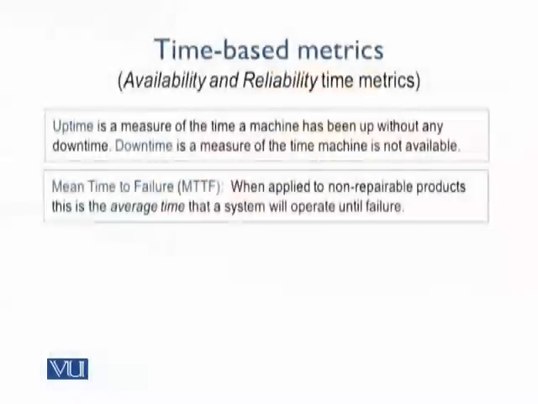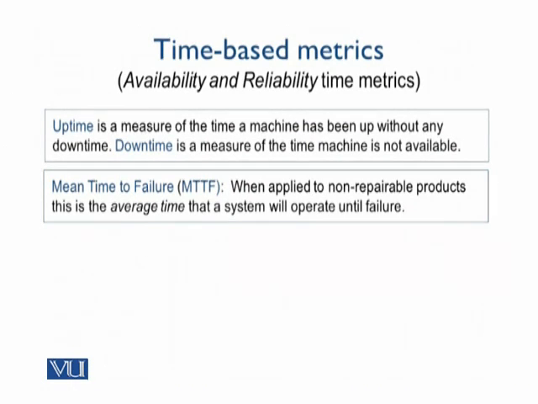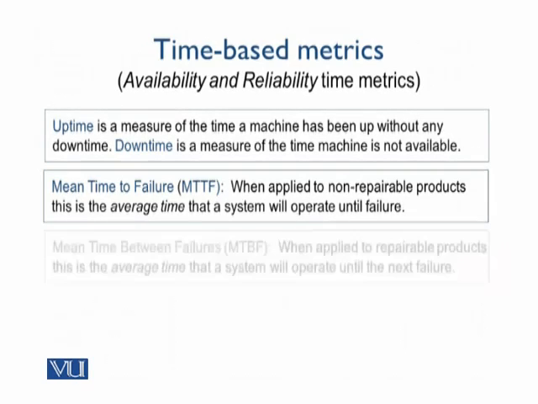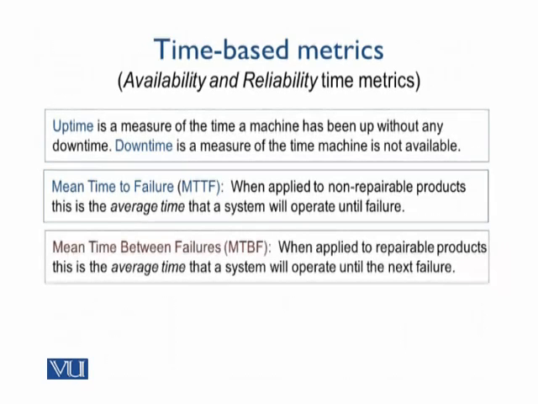एज एन एग्जांपल, इफ यू हैव अ सिस्टम इन विच द सिस्टम इज नॉन रिपेयरेबल, तो यू वुड से you can quantify the reliability of this system by mean time to failure. और if your system is repairable, जिसमें अगर सिस्टम ख़राब हो जाए तो उसको हम कुछ टाइम उसको रिपेयर करके वापस उसको सर्विस में ला सकते हैं.